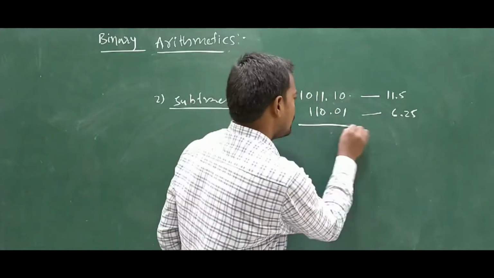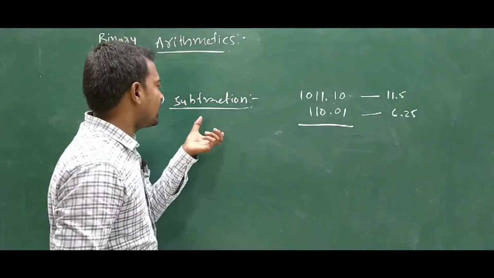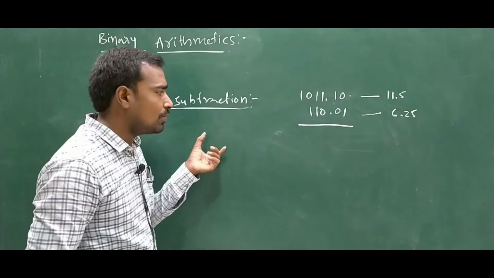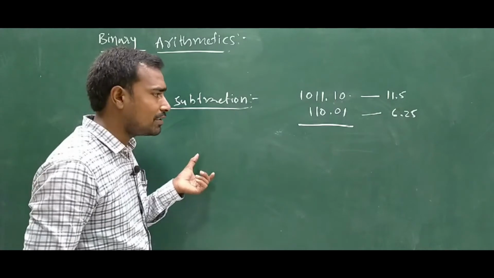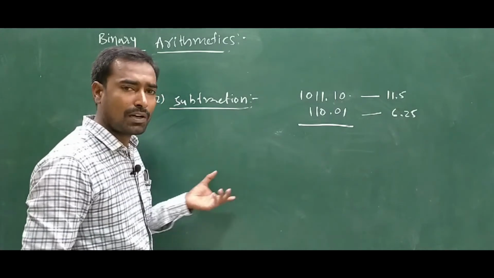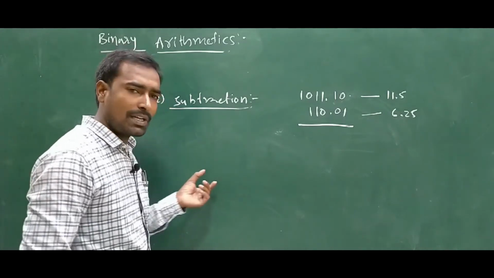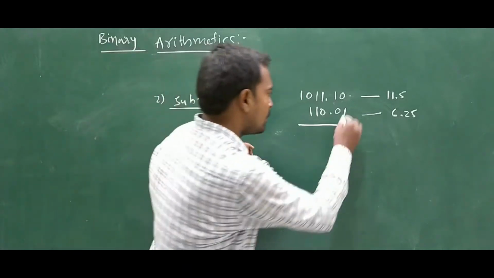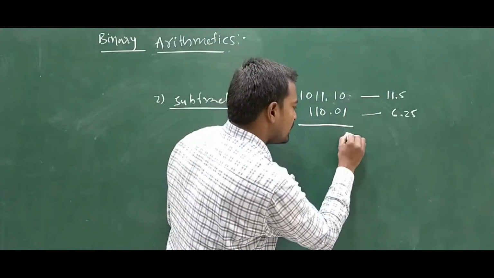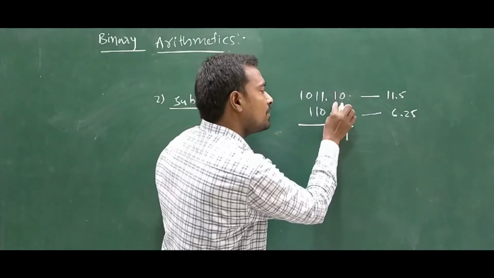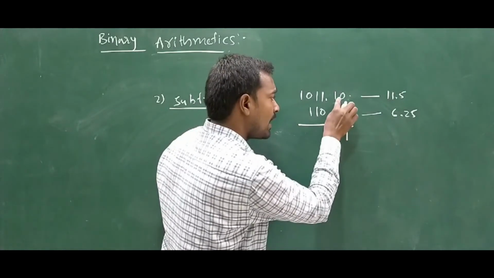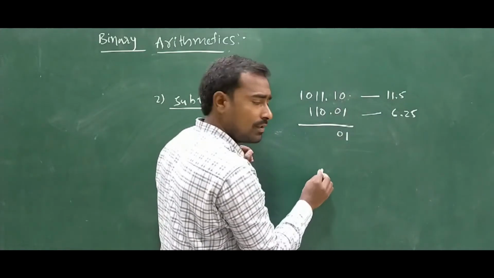So we already discussed that 0 minus 0 is equal to 0, and 0 minus 1 is equal to 1 and a borrow will be generated, and 1 minus 1 is equal to 0. So here 0 minus 1 is equal to 1, and this becomes 0. Again 0 minus 0 is equal to 0.